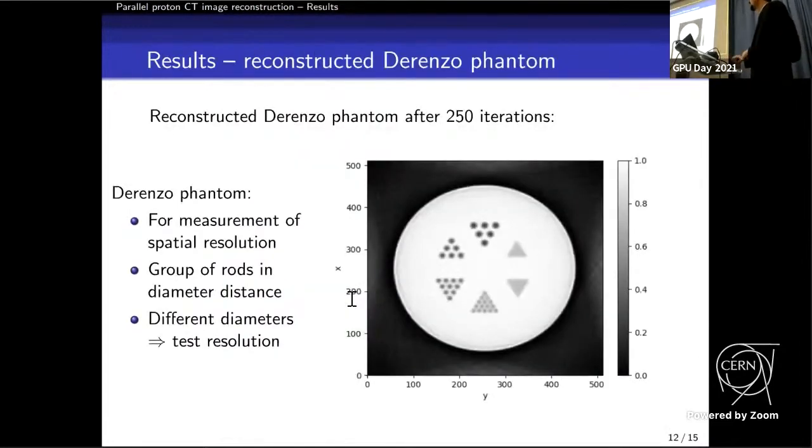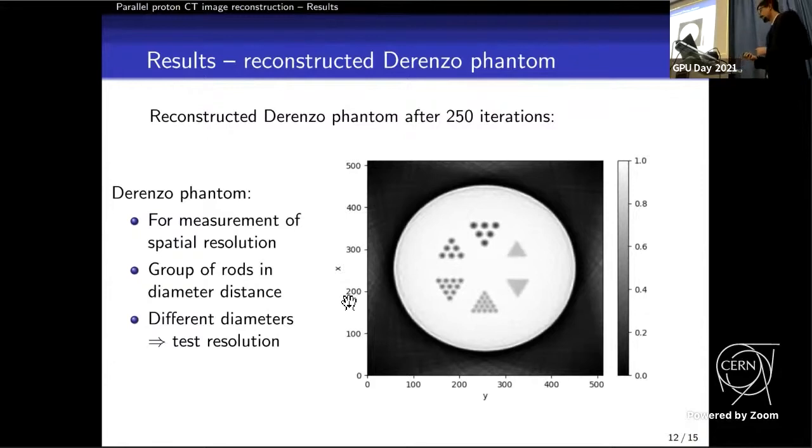And here I would like to show some results. It's a reconstruction of a Derenzo phantom. The Derenzo phantom is designed to measure the spatial resolution of an image or an imaging system, and it contains groups of rods with the same diameter and distance from each other in a triangular structure, and there are different diameter regions.